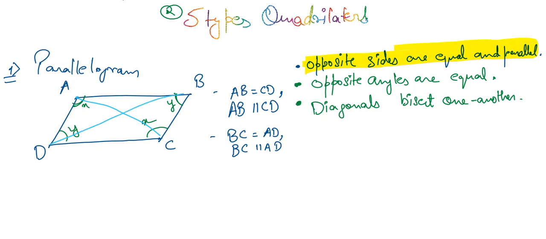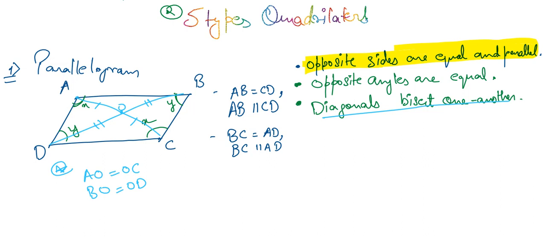Bisect means they would divide each diagonal into two equal parts. If the intersection point is O, I can write AO equal to OC, and BO would be equal to OD. Seems clear? So this is what diagonals bisect one another would mean.